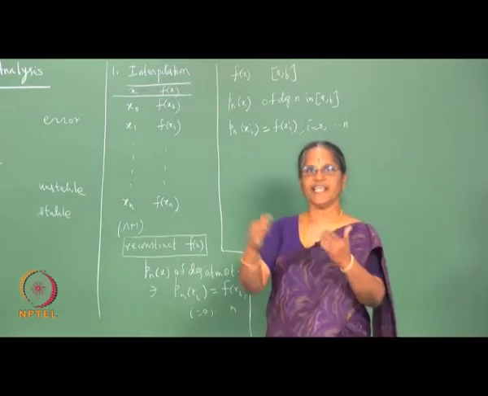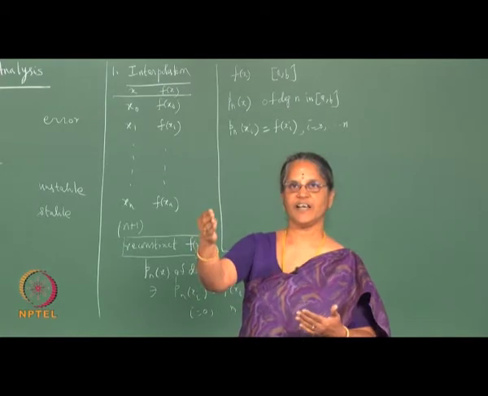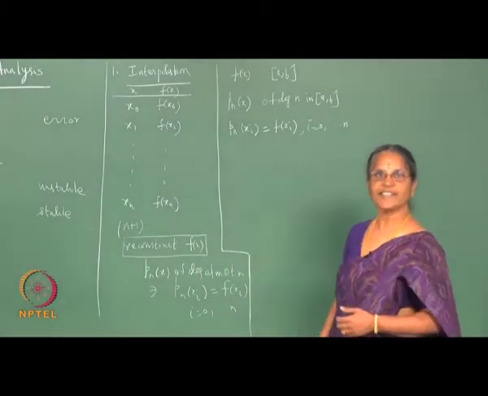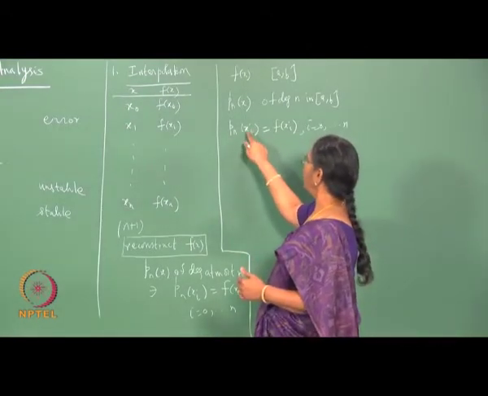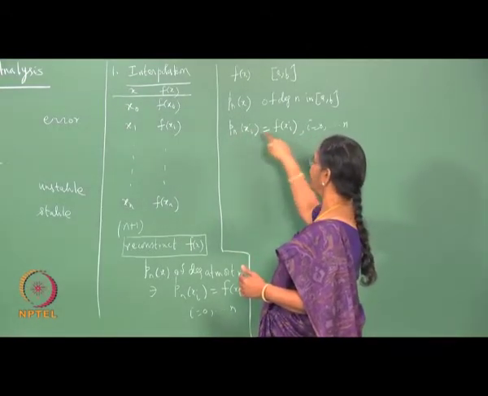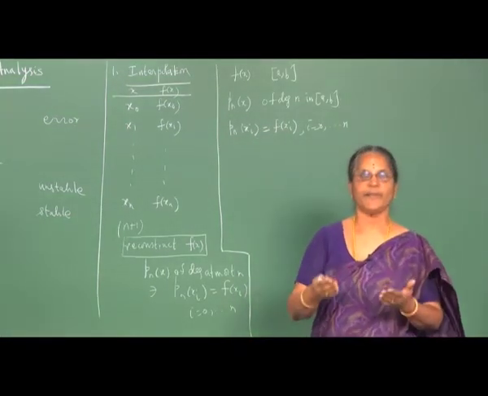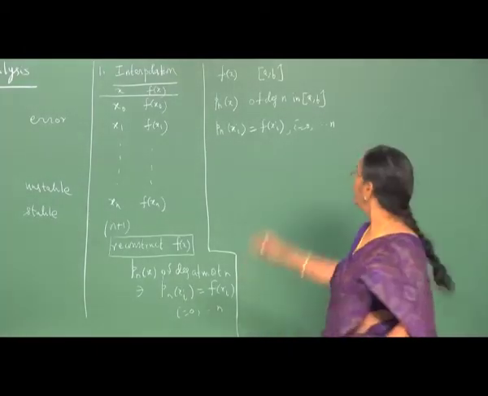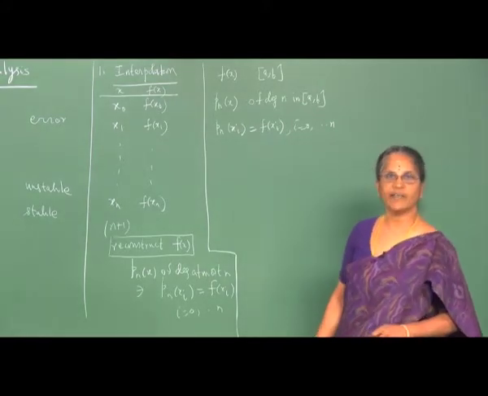So, if I determine such an approximation to the function f of x by means of a polynomial p_n of x such that p_n passes through the points x_i and takes the value f of x_i at the point x_i, then I have a polynomial that approximates this continuous function f of x in the interval [a, b], whose values are all known to me in the entire interval [a, b].